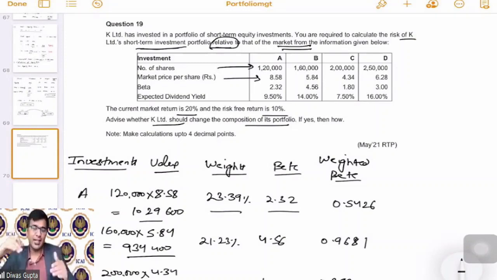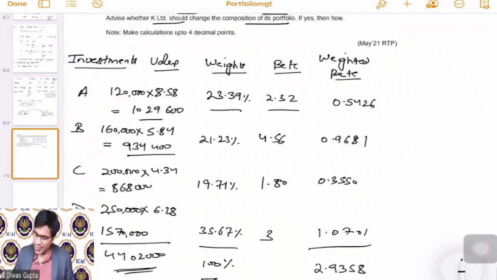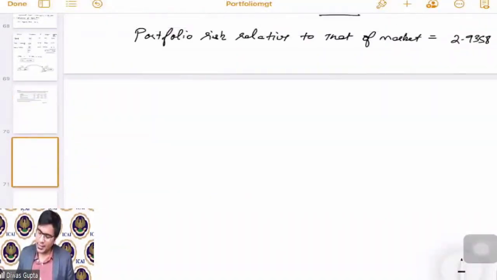This is the given data and this is the required outcome. We should use Jensen's alpha, which means comparing the CAPM return versus the actual return. Because we already have respective betas and expected dividend yields, can we calculate as per CAPM either the return or beta? Let us see how we can relate it.